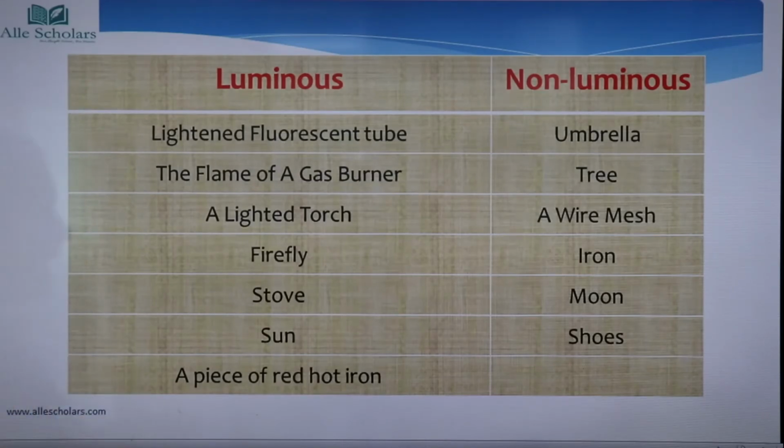Shoes, table, chair, all these are non-luminous objects because we are able to see them only when light falls on them.